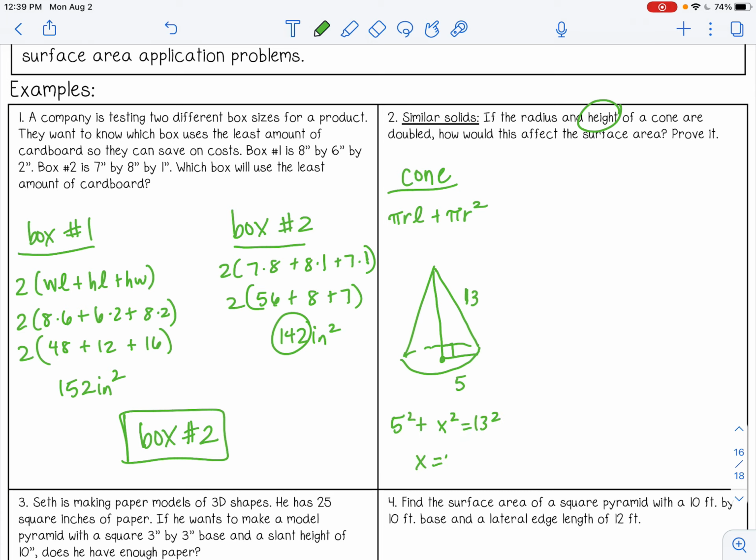That's going to give me a height of 12. All right, so I'm going to find the surface area using these. And that gives me 90 pi.